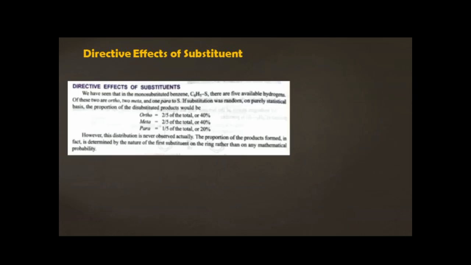Let me focus first on the directive effects of the substituent. In benzene, all the positions are equivalent, but in monosubstituted benzene, the 5 remaining positions are not equivalent. Since 2 ortho positions are possible, we may expect 40% of the ortho product, 40% of the meta product for the 2 meta positions, and only 1 para position, leading to 20% of the para product.